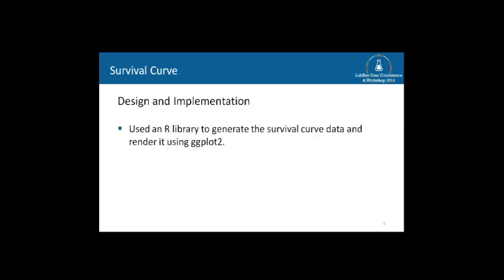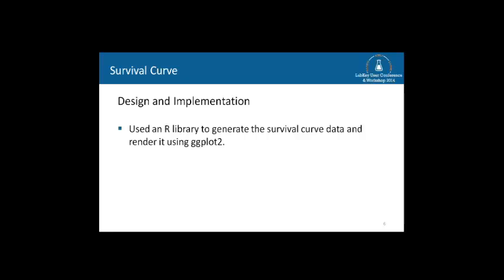So for the design implementation, we decided to use R on the back end to generate the survival curve data. And then we rendered it, plotting it using a package called ggplot2.